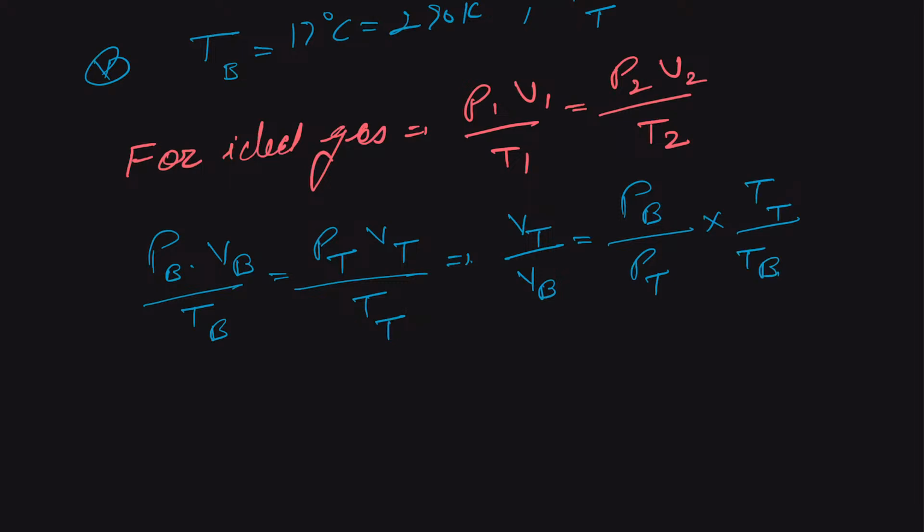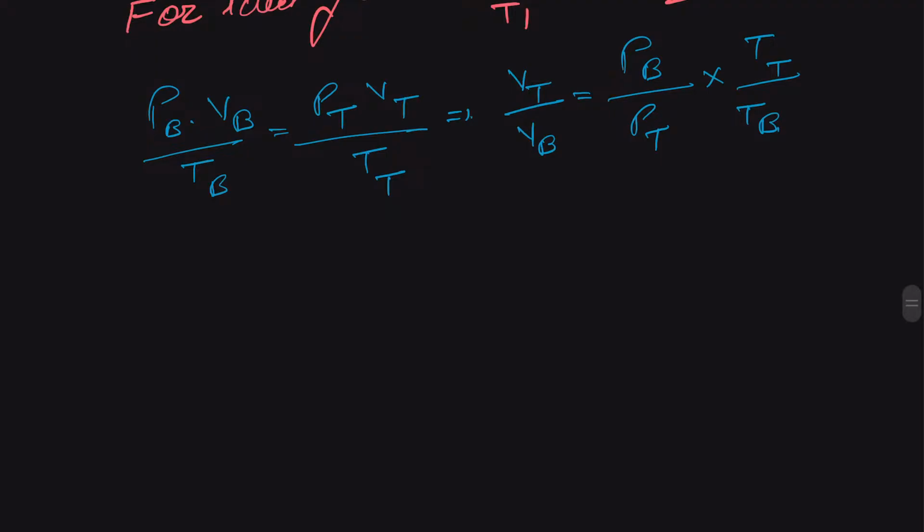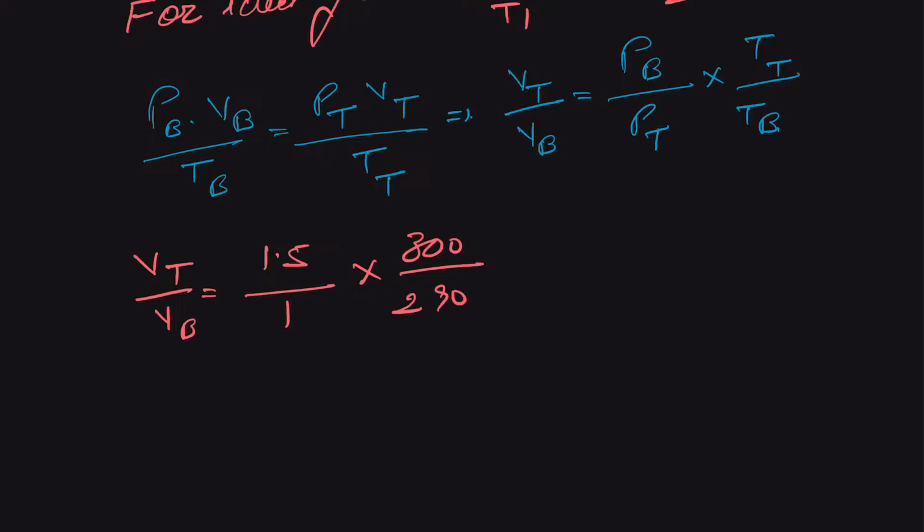We can easily calculate the ratio: V top over V bottom is equal to 1.5 over 1 times 300 over 290, which comes as approximately 1.5. So this is our approximation, that is the ratio which we are supposed to find out. Next question.